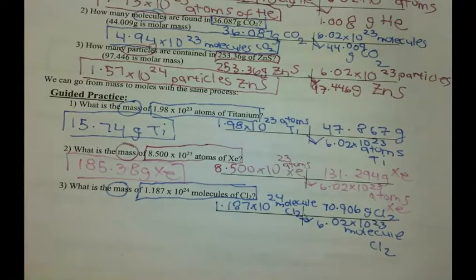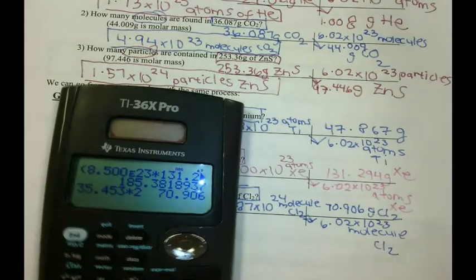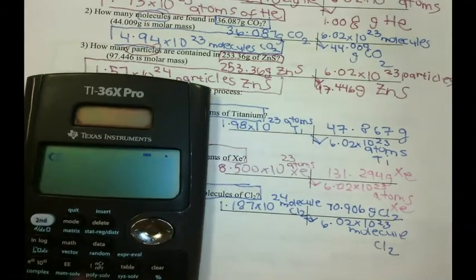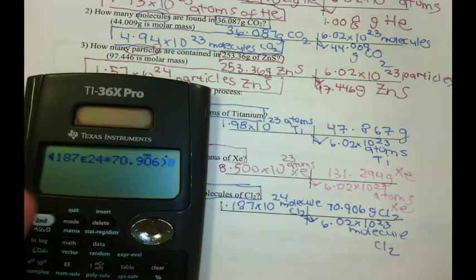I'm going to solve. So I'm going to take the number on top, my 1.187 times 10 to the 24th, times the molar mass, which I just calculated, 70.906, close my parenthesis, and divide it by the number on the bottom, which is my 6.02 times 10 to the 23rd.